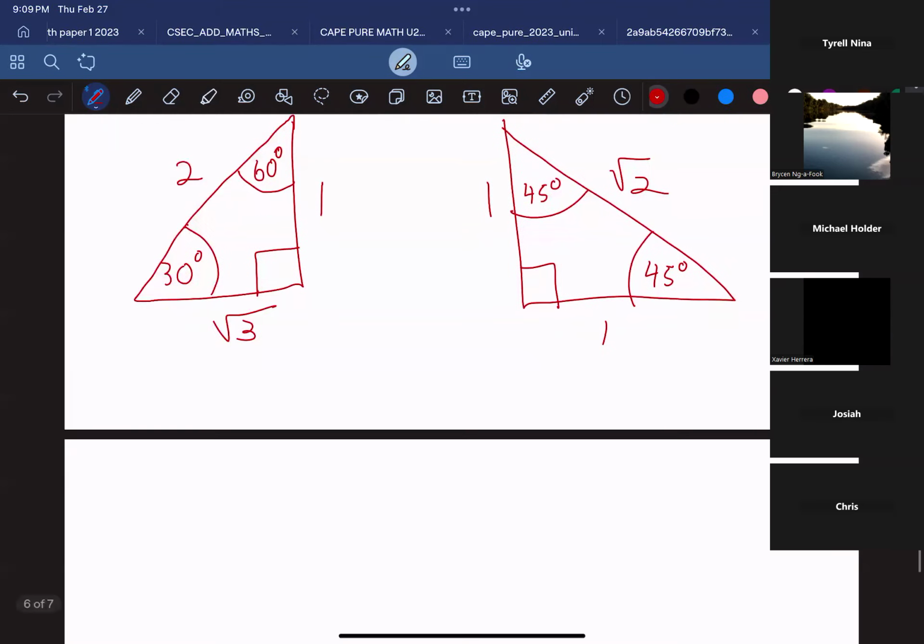Let's see. How do we use exact values in solving trigs?